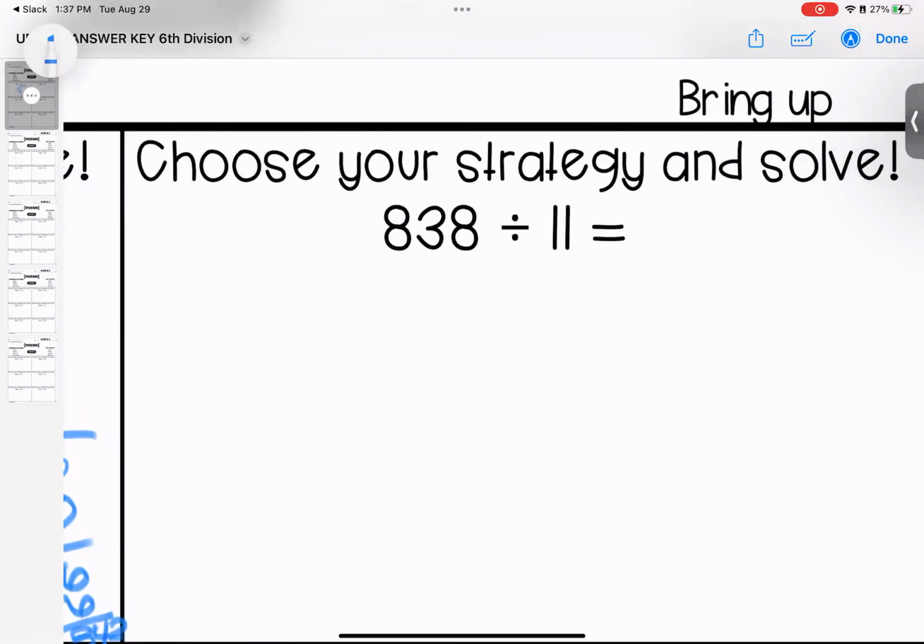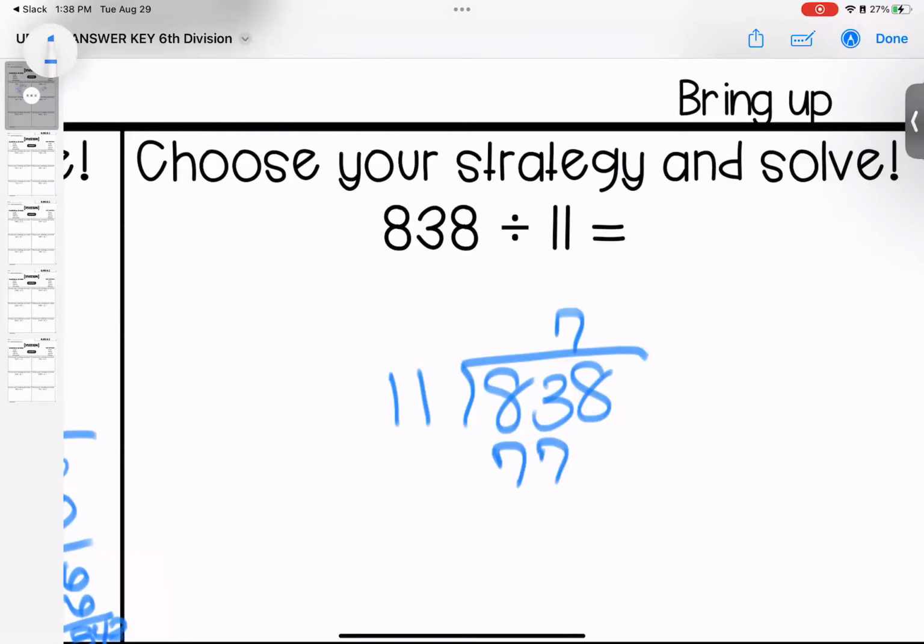All right, next one. Again, we're going to do this full page in traditional. Next page I'm going to do in box. So we're taking groups of 11. How many groups of 11 can I take out of 83? I can take 7. 7 times 11 is 77. When I do 83 minus 77, I'm left with 6. 6 is smaller than 11.